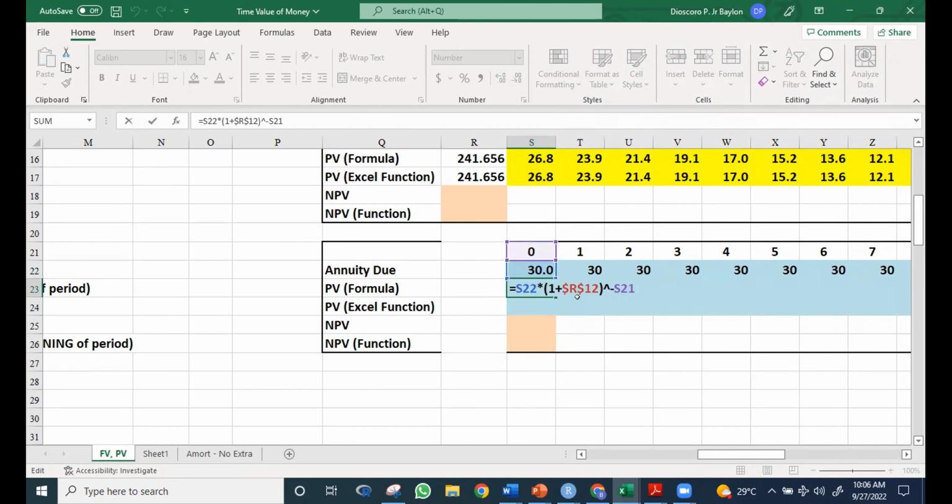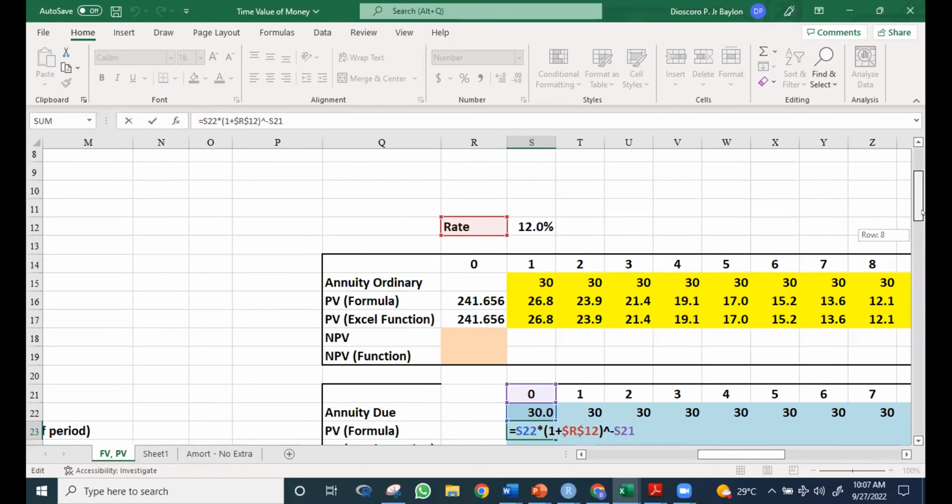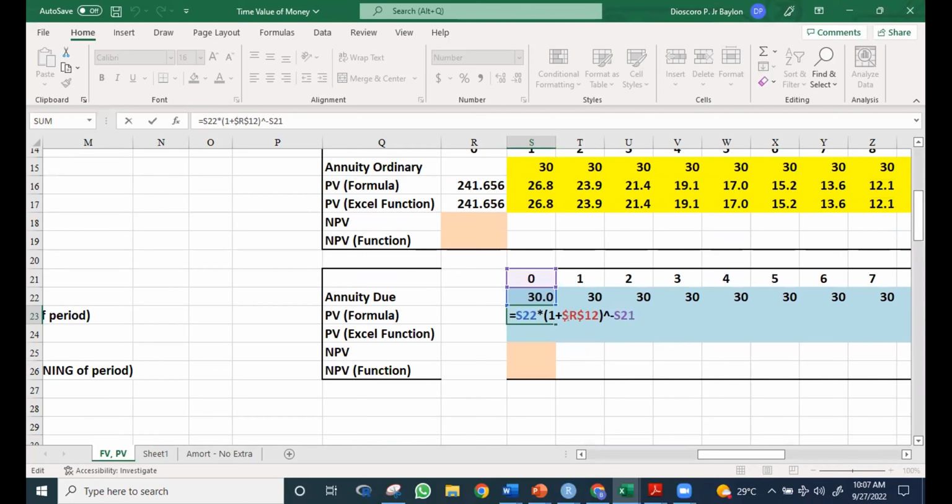Future value times 1 plus the rate S12, sorry, should be S12. Yeah, it moved because I inserted S12 raised to the negative. Okay.